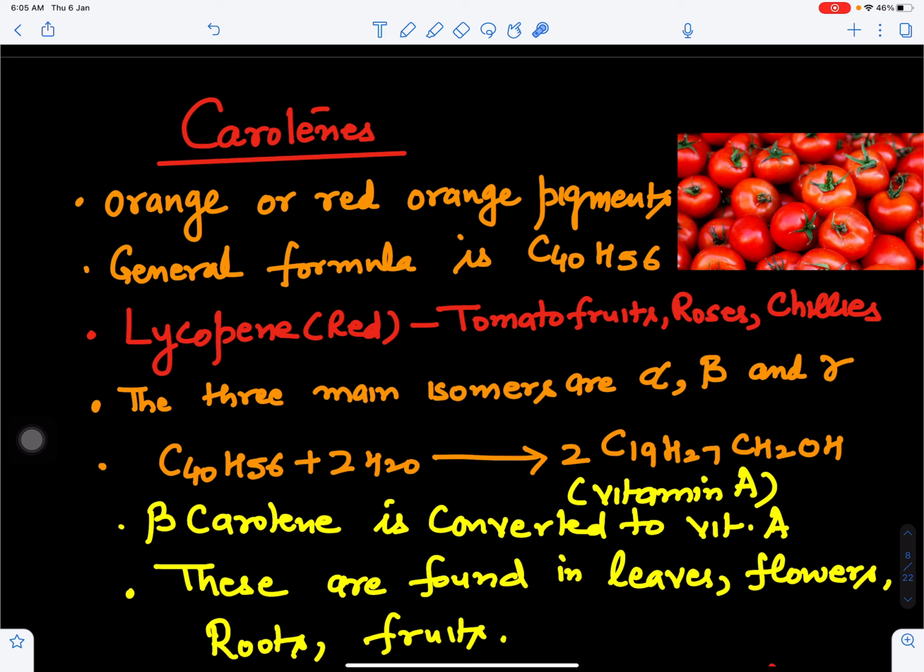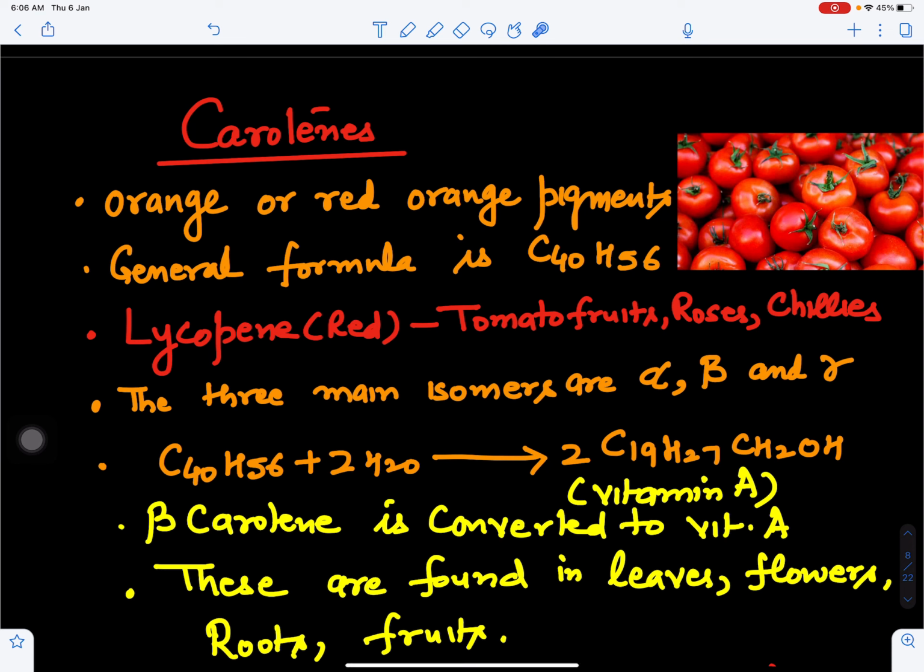So that's why this is rich in vitamin A also. This lycopene, or red colored pigment, is found in tomato fruits, roses and chilies. Three main isomers of carotenes are alpha carotene, beta carotene and gamma carotene.